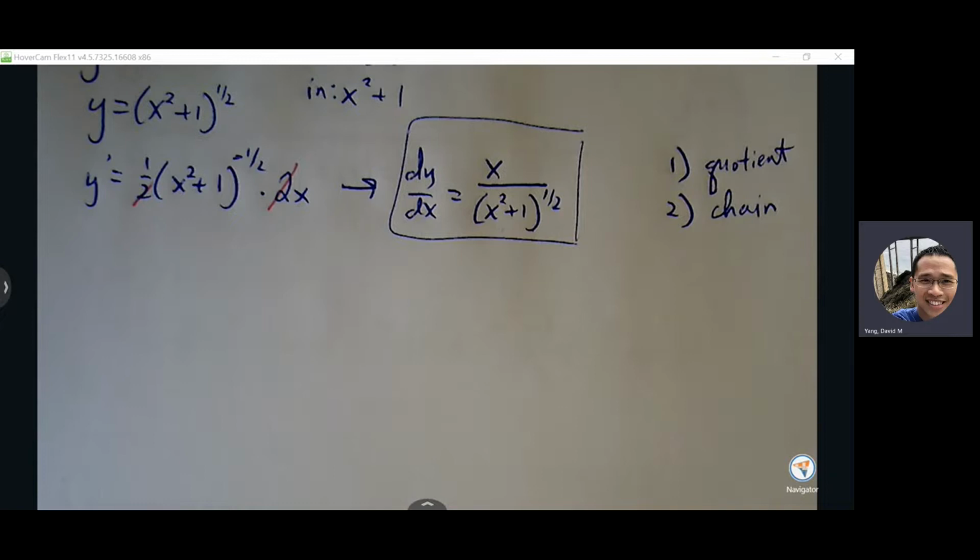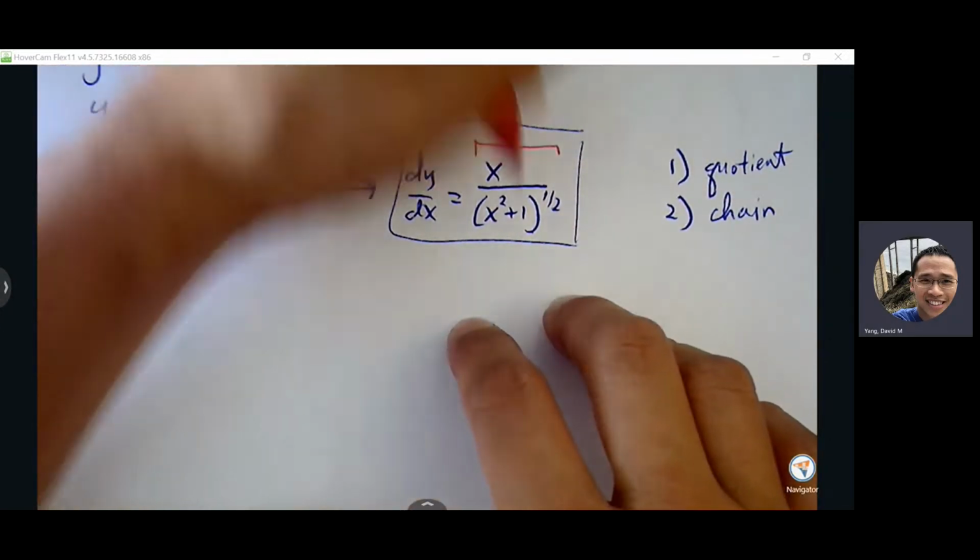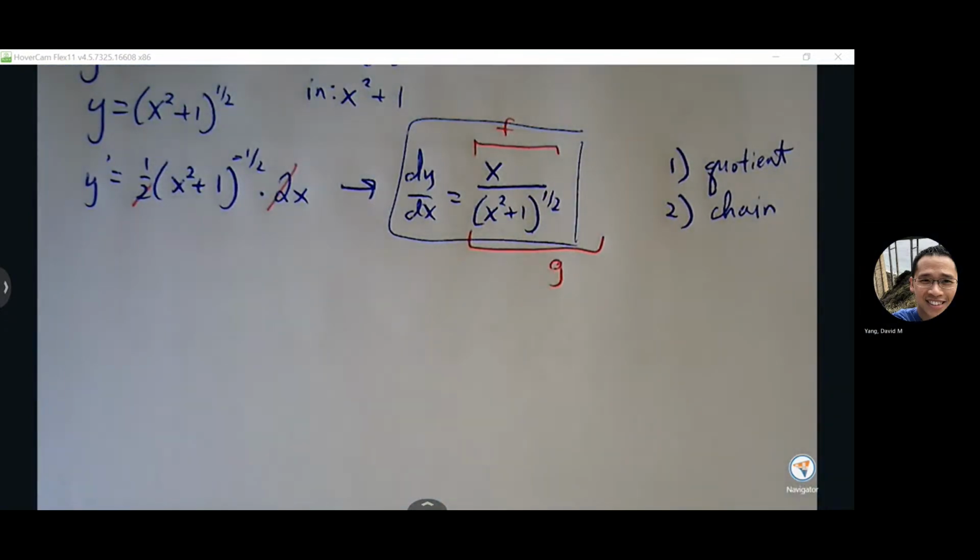So quotient is going to come first, right? So I'm going to set it up, f is the top and g is the bottom. Okay, f prime g minus f g prime.